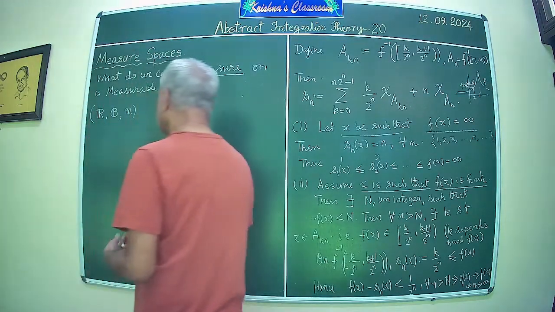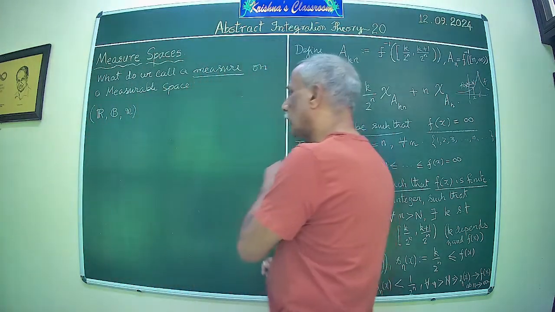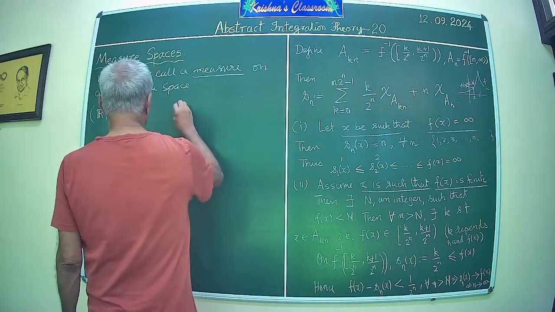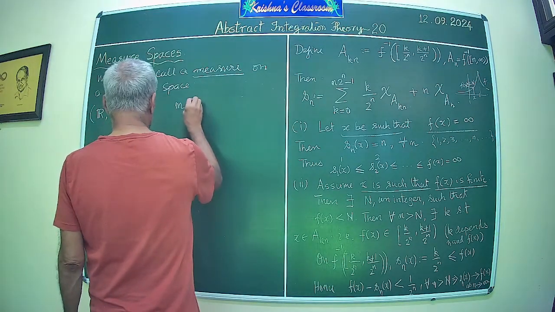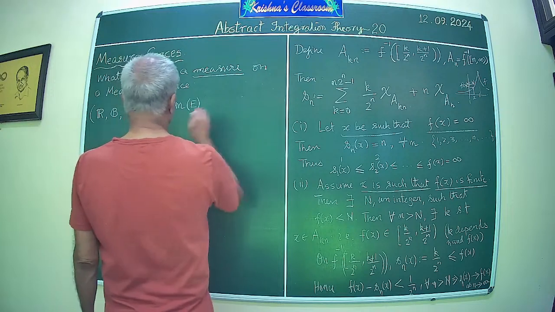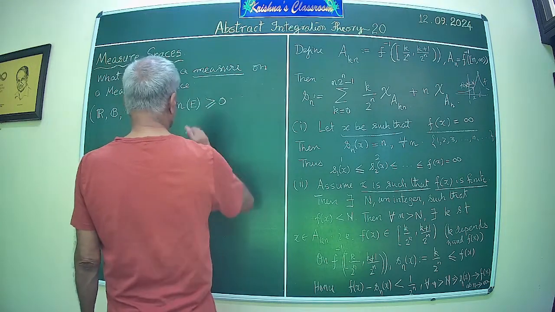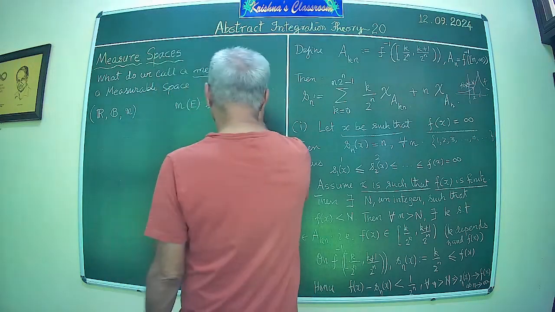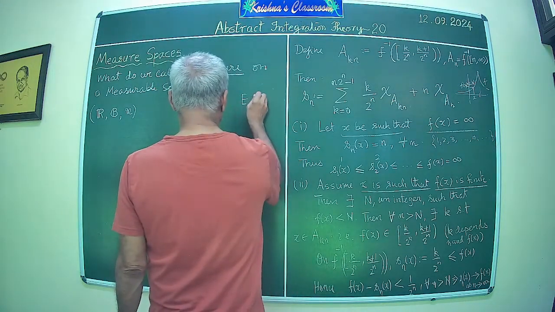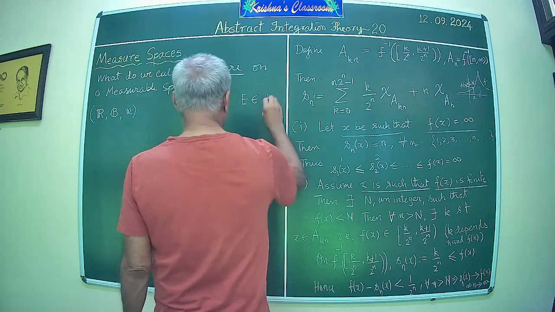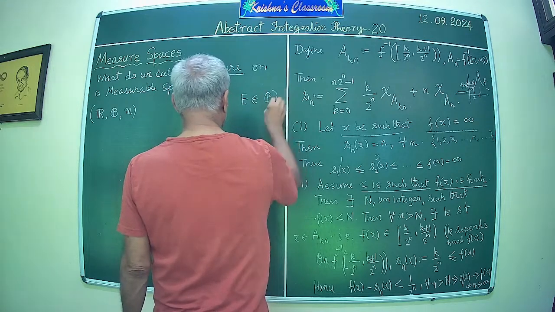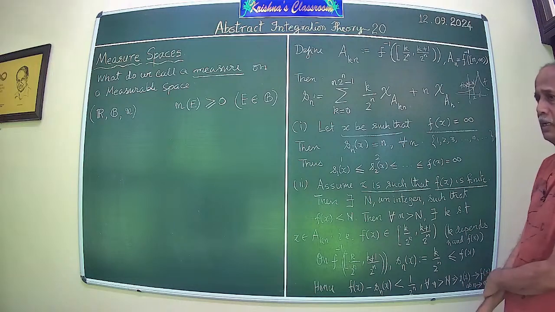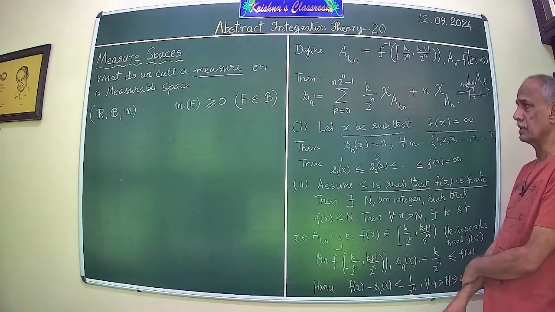What is the measure? The measure we introduced was the following. That is, the measure of E is greater than or equal to 0, where E is an element of the sigma algebra that we have expected.